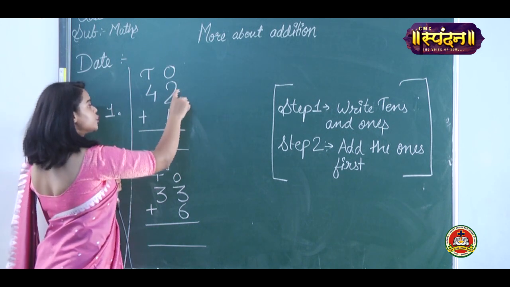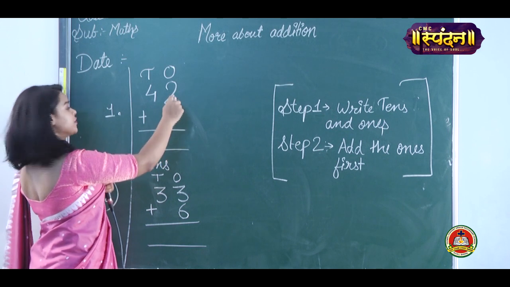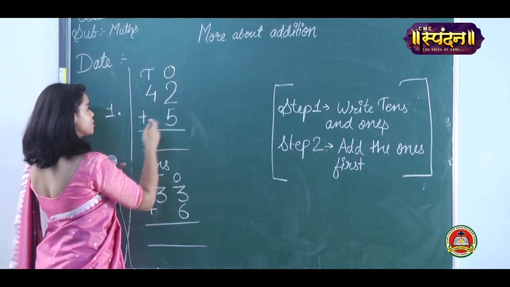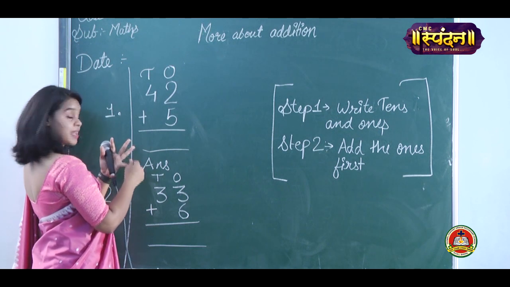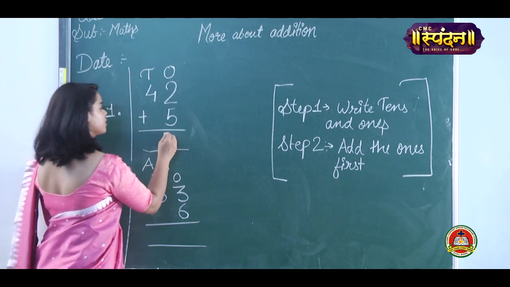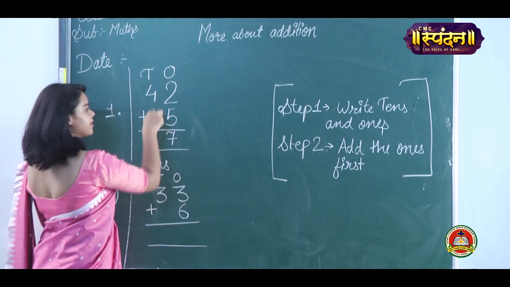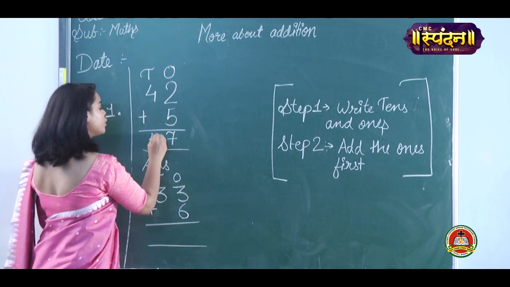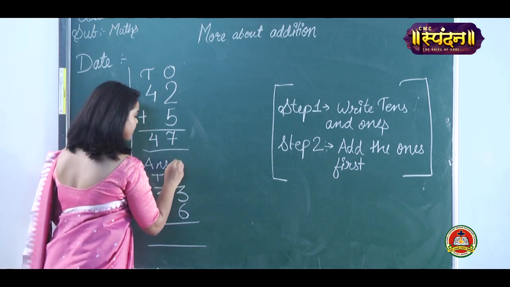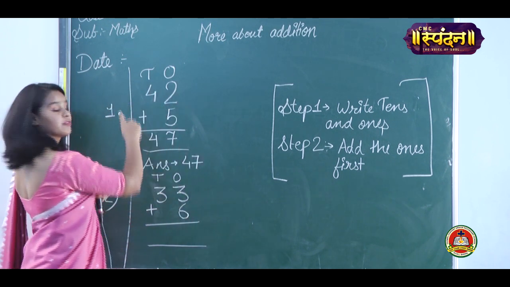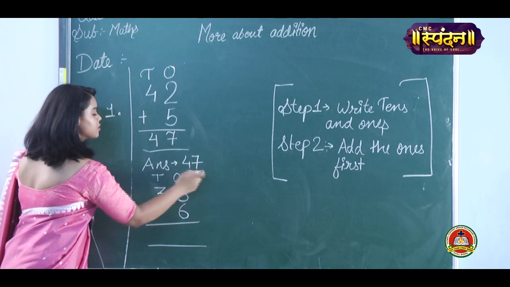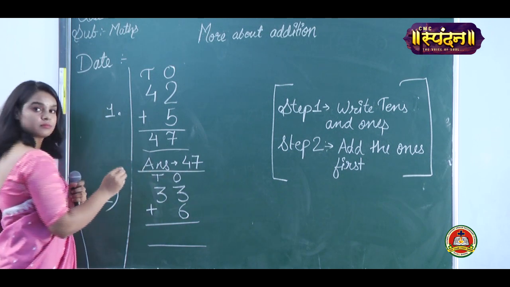There is 2 and 5. We have to add 2 and 5. So 2, 3, 4, 5, 6 and 7. And there is nothing, so we will write 4 only. So our answer is 47. You have to write this also, answer.